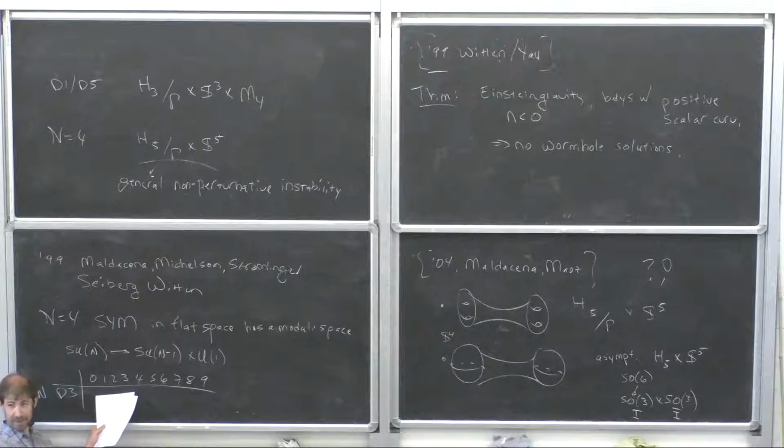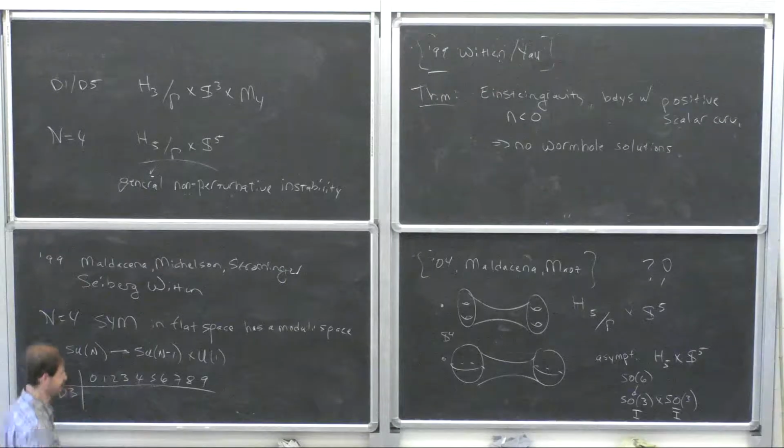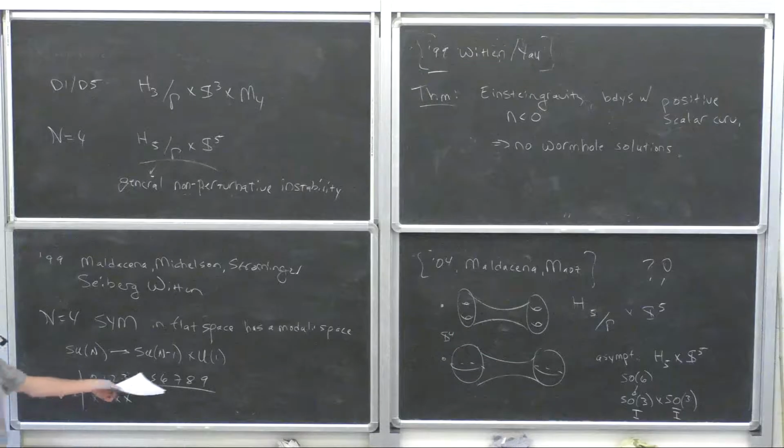You've seen tables like this before? Some of you have, some of you haven't. It's hard to visualize 10 dimensions. That's the point of these tables. When you draw something like this, you're saying, what are the 10 dimensions? 0 is time.